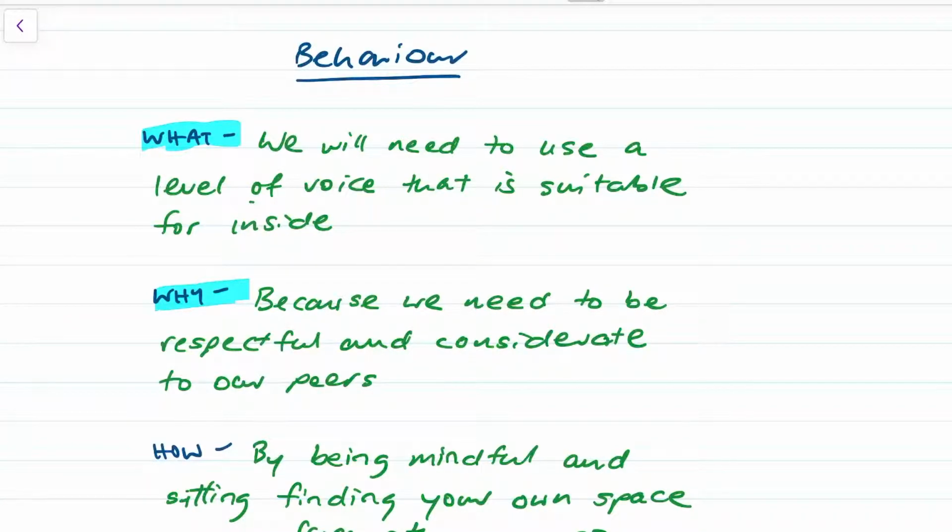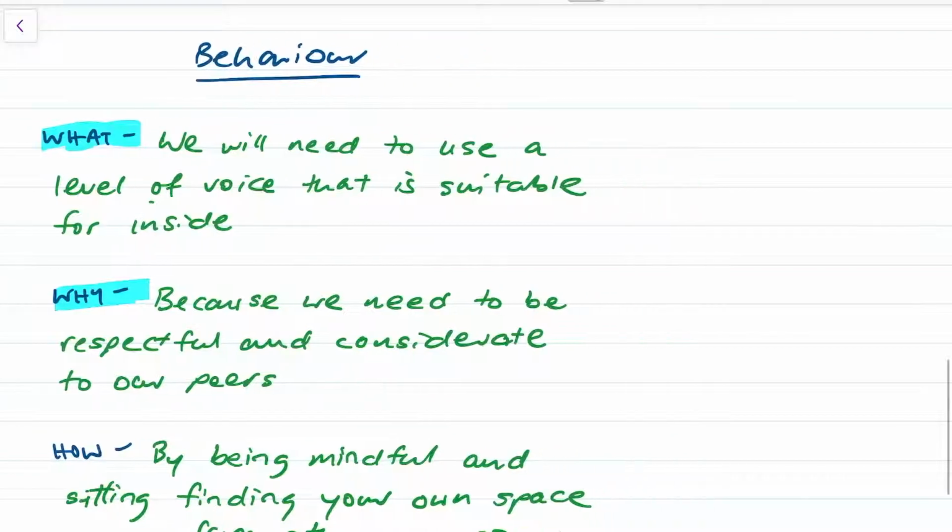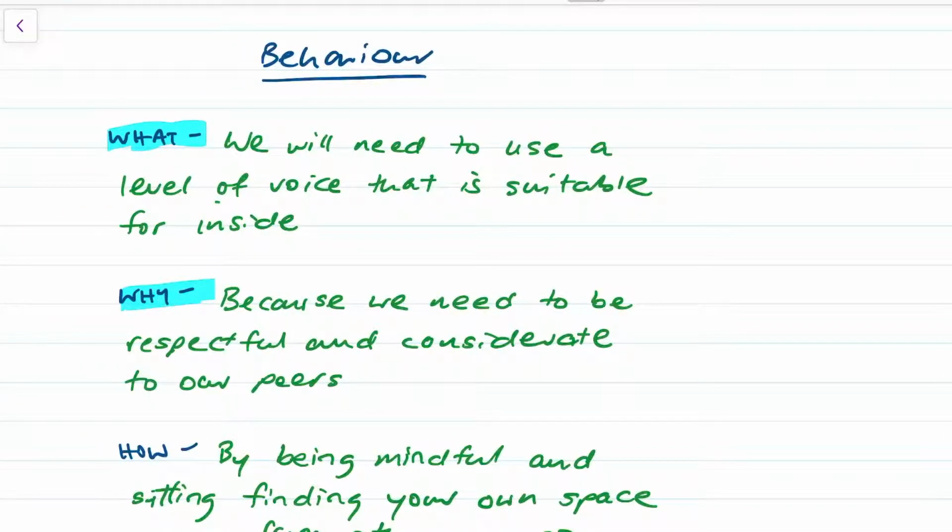Now that there refers to our school-wide class expectations. All right, so that's number 4, being considerate and respectful learners. And the how is by being mindful and finding your own space away from other groups. So finding a space around the room so that the discussions that are had within that group aren't going to disturb others. There's a bit of planning for our what, our why, and our how.